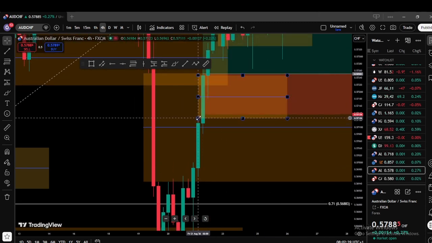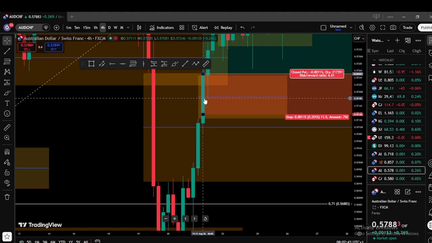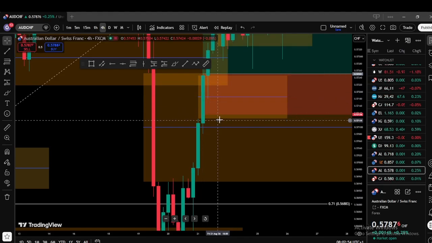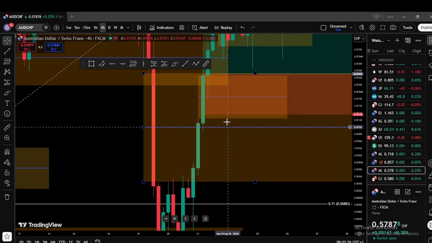I covered from the high of this previous candle to the close of this previous candle. The midpoint was more or less my balance point, whereby if sellers were able to take down price, we shouldn't have a body close below this 0.5.